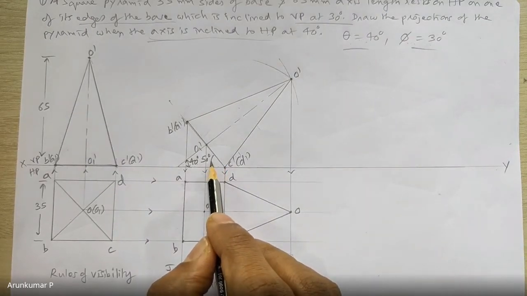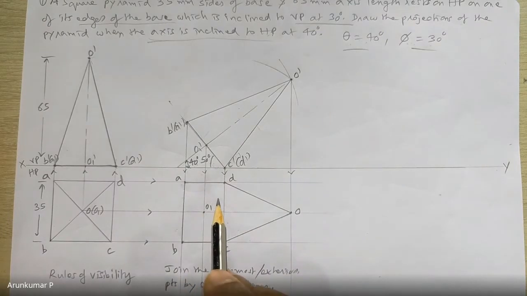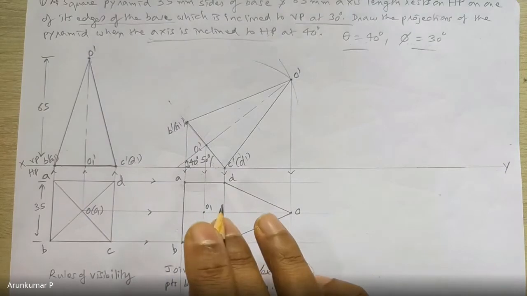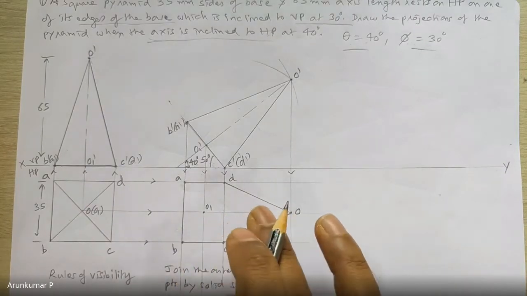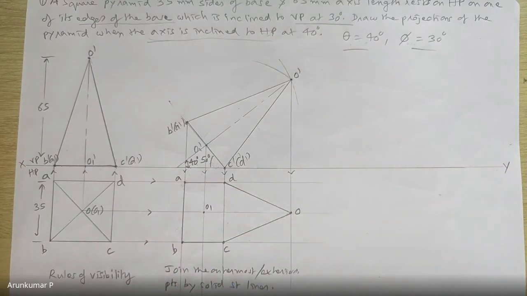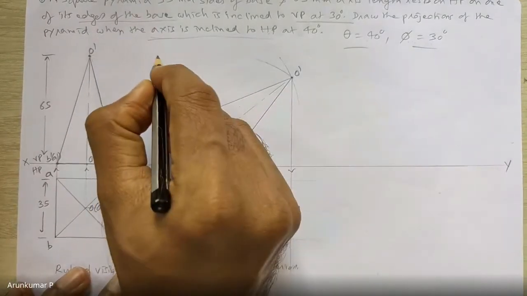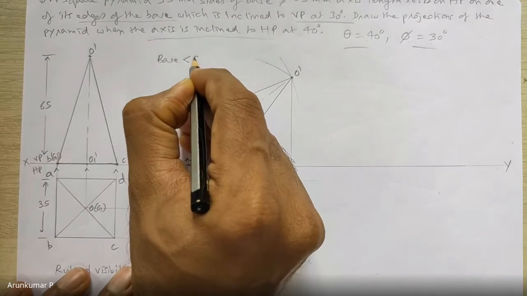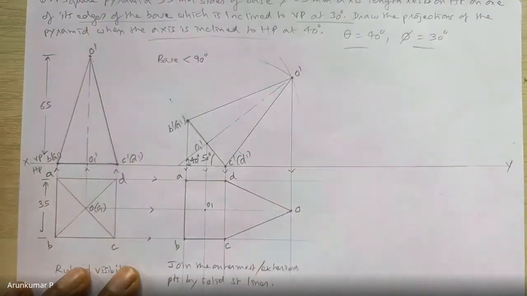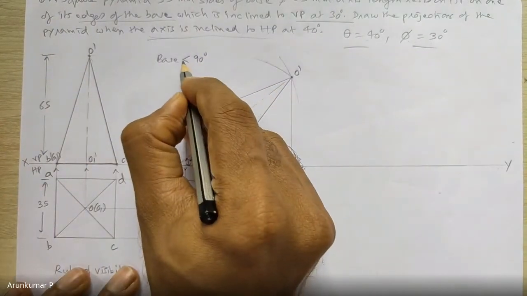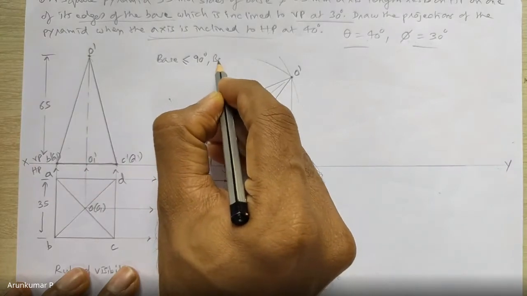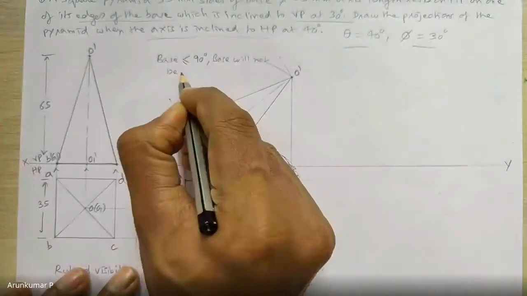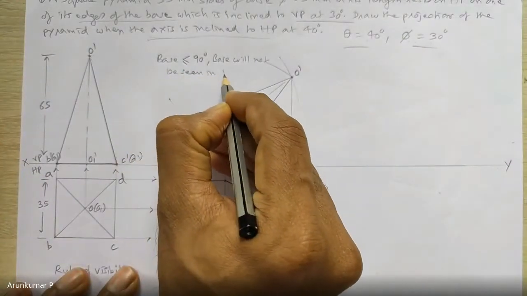Is it less than 90 degrees? Yes. So the base ABCD will not be seen in the top view. Clear? So if the inclination of the base is less than 90 degrees, or even you can say equal to 90 degrees, the base will not be seen in the top view.